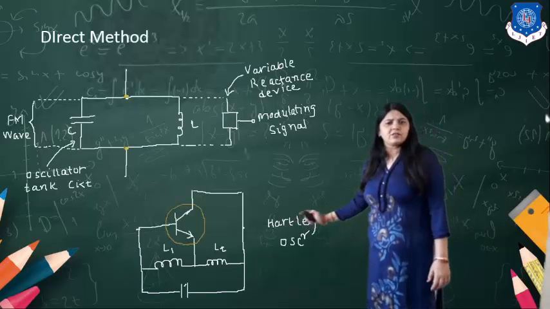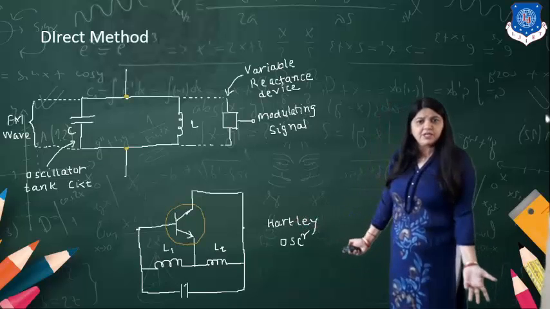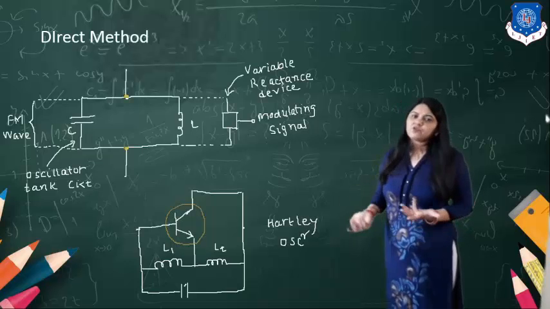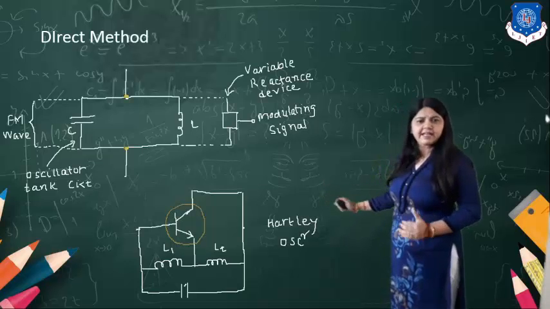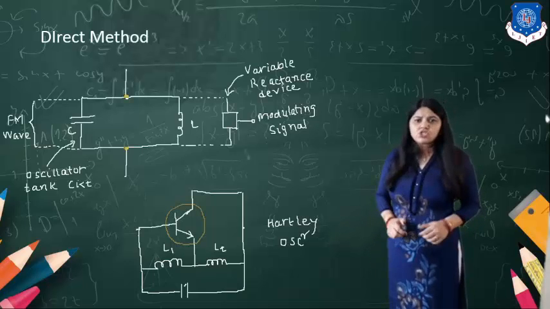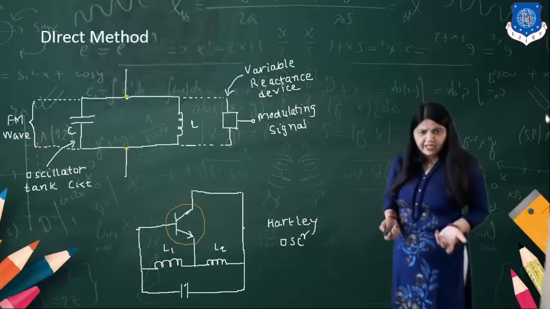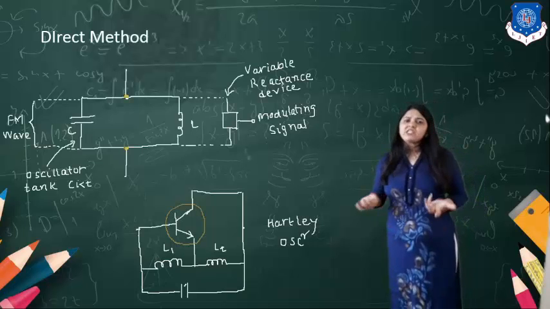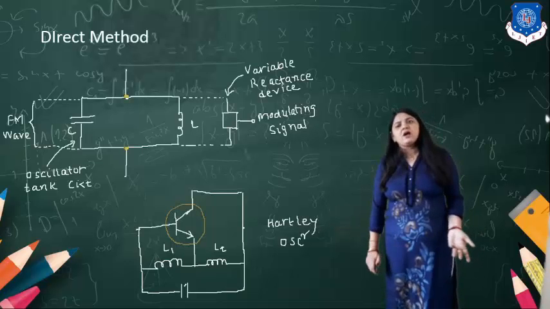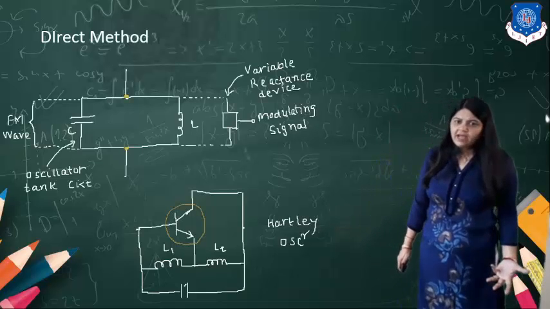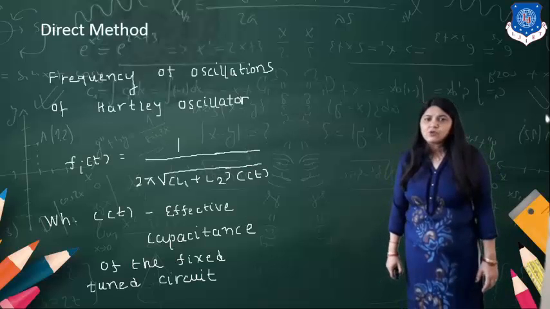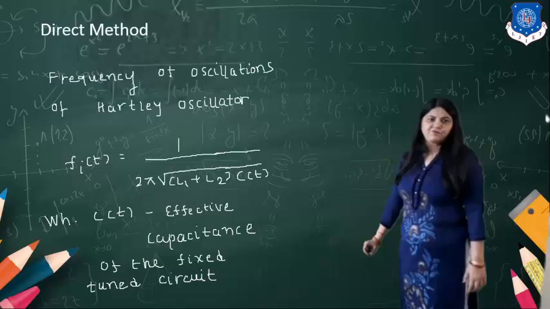Similarly, the Hartley oscillator can be used to generate the FM wave. By varying the L1 and L2 values and the C value, we can change the frequency, and by changing this frequency, we obtain the FM modulated wave.